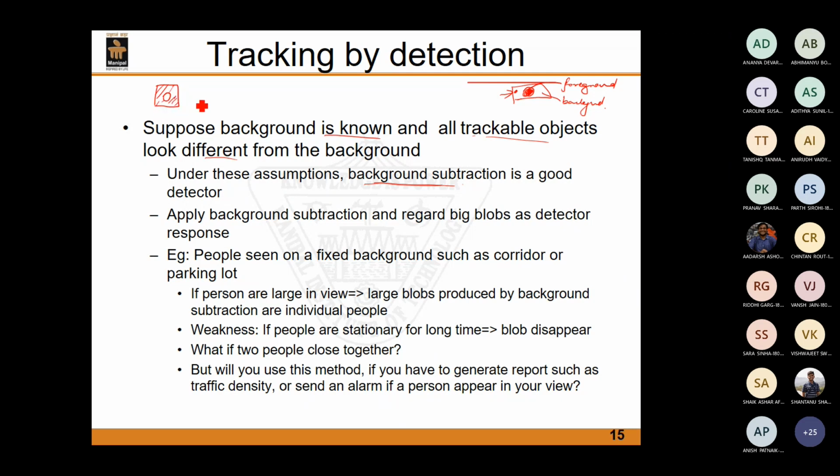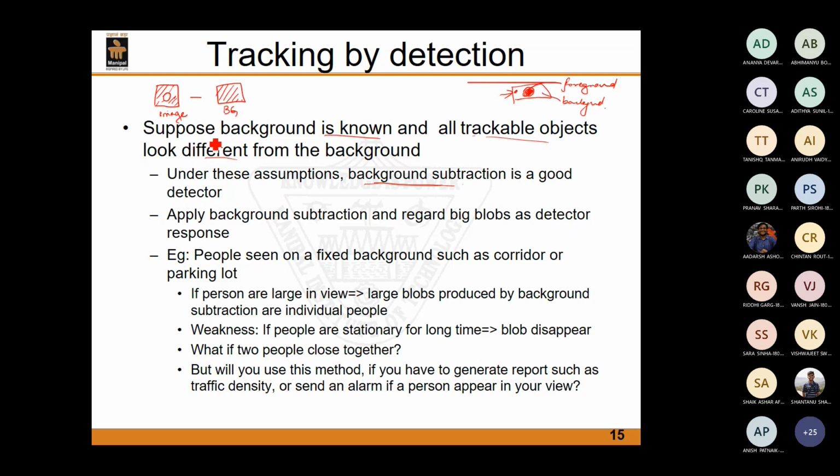Okay, now in this case, here what you have is the image frame. Now let us assume that the background is already known to us. So if the background is already known to us, this is the background.